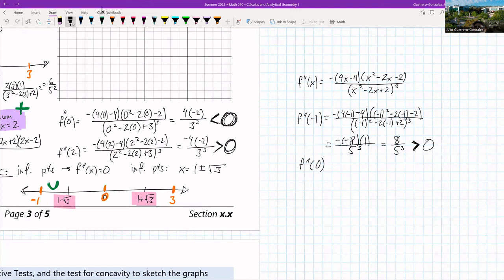F double prime of 0, the next point that we're going to use. This is going to tell us, let's go ahead and plug it in one more time. Negative 4 times 0, minus 4, times 0 squared minus 2 times 0, minus 2, all over 0 squared minus 2 times 0 plus 2 quantity squared.